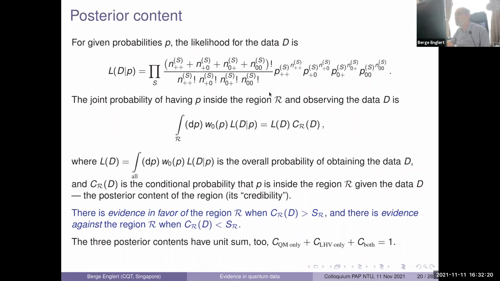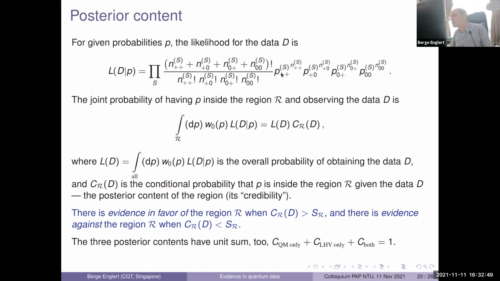Okay. So what's this likelihood function? Well, we have the probabilities for the different events. So the probability for observing coincidences, Alice only, Bob only, null events for each of the settings S. And then this is taken to the power of how many events you have. And then there are combinatorial factors, which are less important, but they're also there, which make sure that everything is properly normalized.